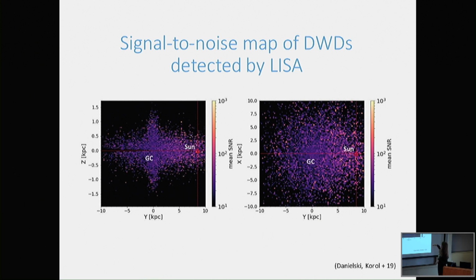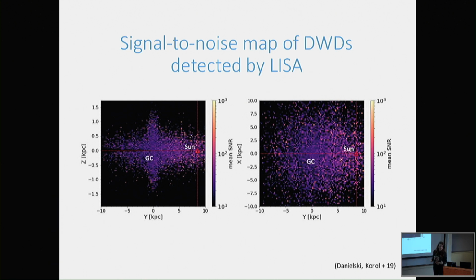What I wanted to point out is that you see magenta and yellow colors everywhere in this mock galaxy. This is unusual. It's different from what we're used to in electromagnetic observations, where we would normally have better measurements around us, and then they would get worse and worse as you go further.